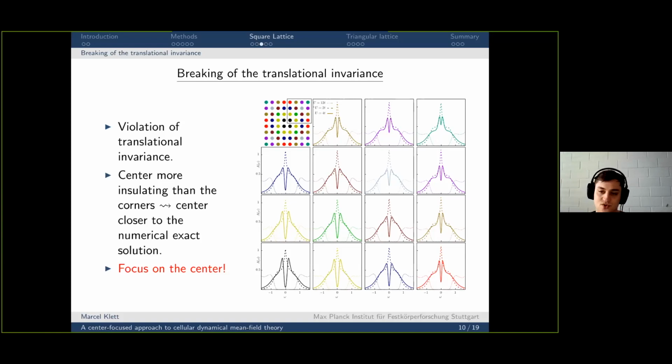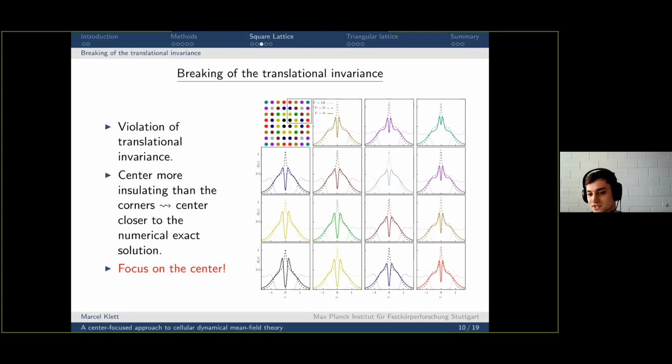What this figure shows is a visualization of the breaking of the translational invariance in our CDMFT theory. And this can be seen by comparing the center site, which is on the bottom left, represented by this black curve, to a corner site, which is the top right one. Of course, they are not the same. So this is the breaking of the translational invariance.